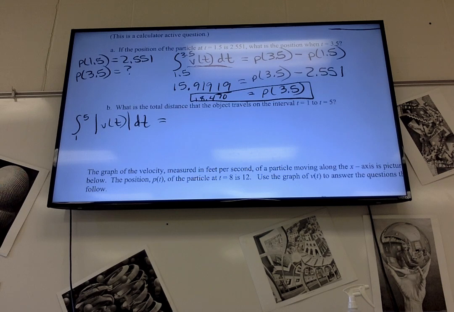What did you get for 12 or 13? I have 12. That's interesting.